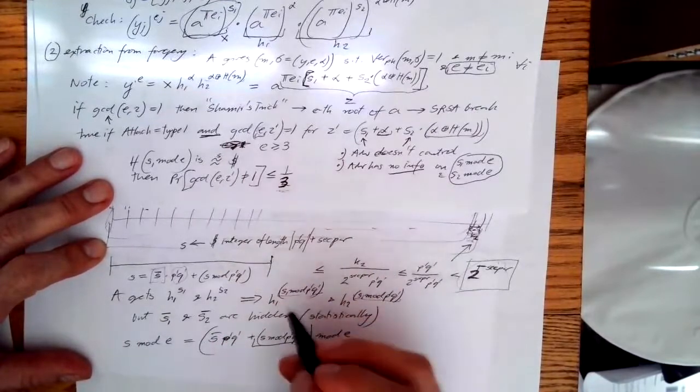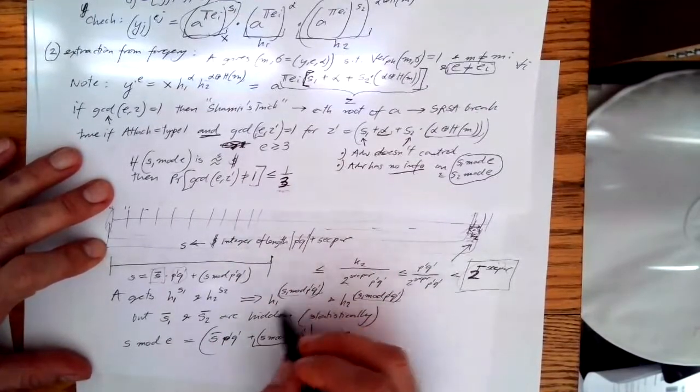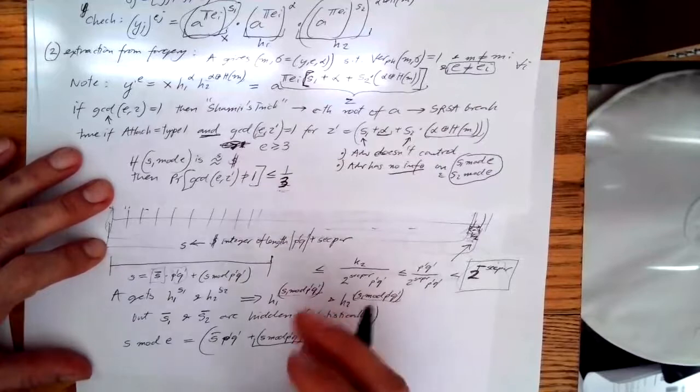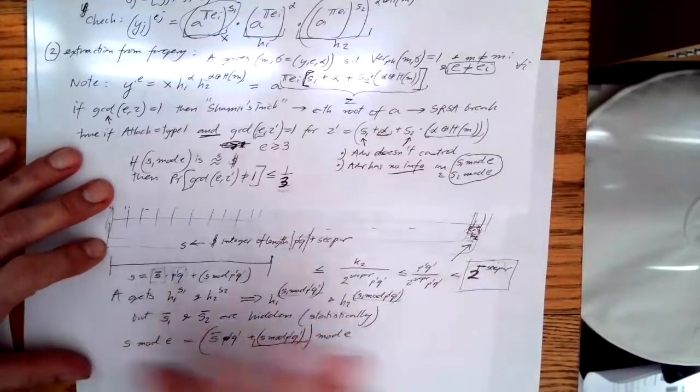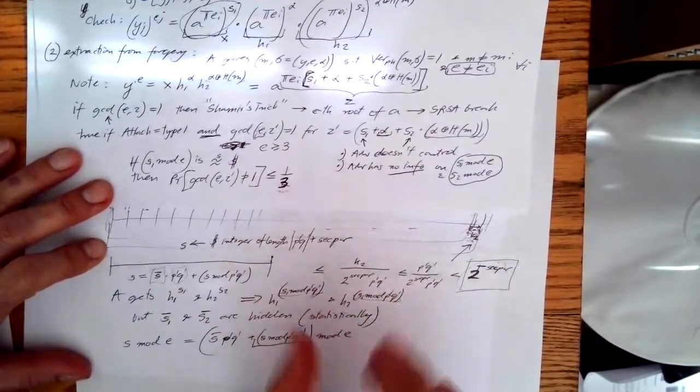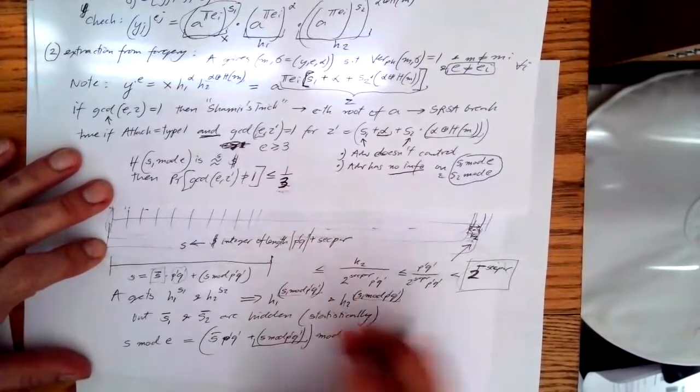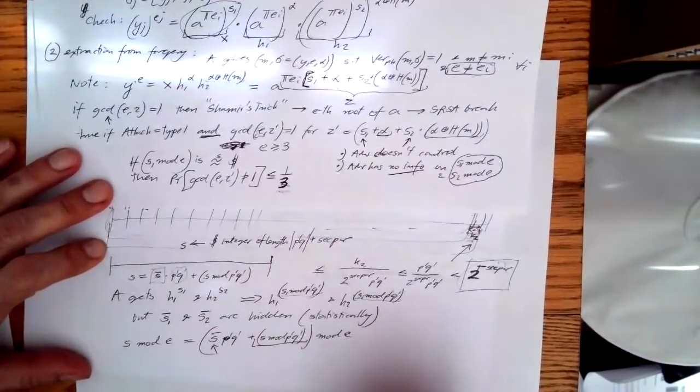Of course, he has to compute discrete logs in this group to really compute them, but this is an information theoretic argument. So let's say that we're just giving these out. This is still hidden.